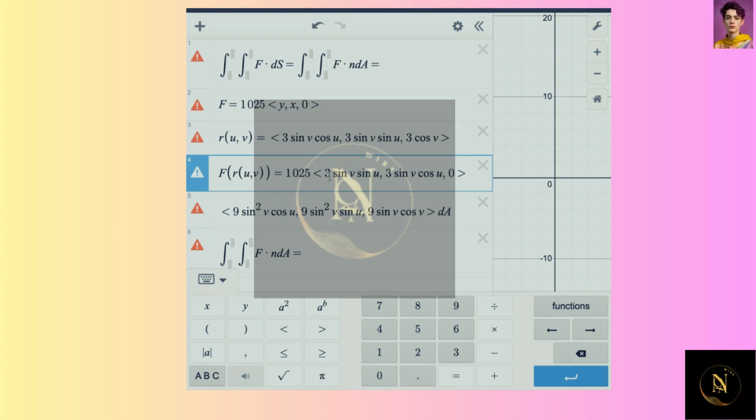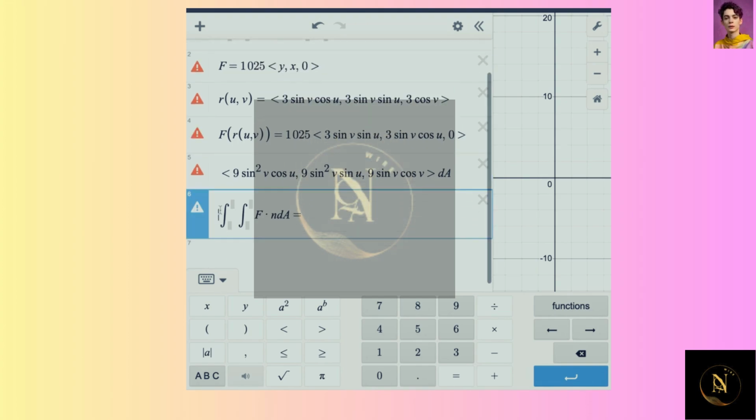And then this (sine V sine U, sine V cosine U, 0) is going to be multiplied by these values in here. So as a result, what we're going to end up getting is 3075 by taking out that 3. And then this will become all sine cubed V sine 2U.